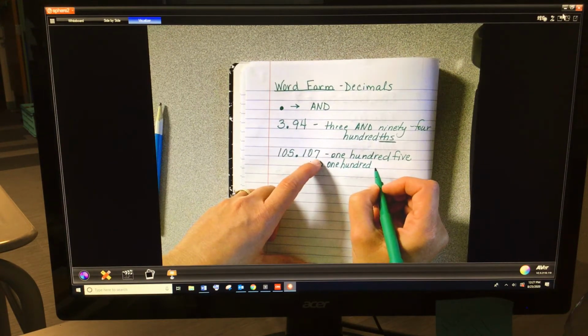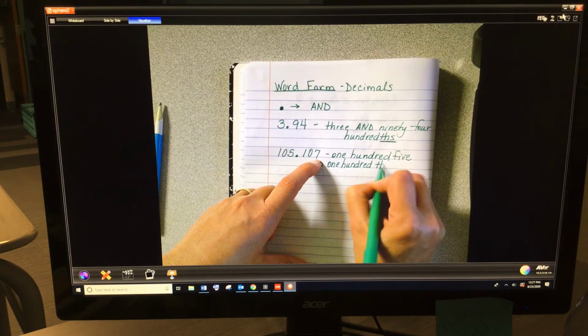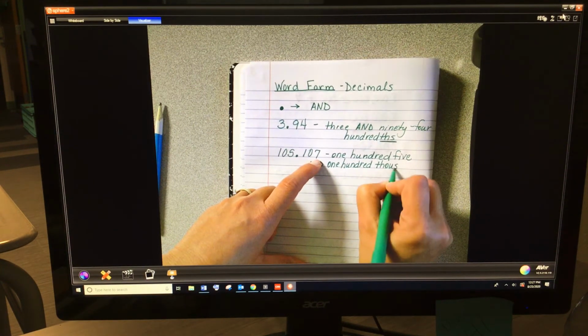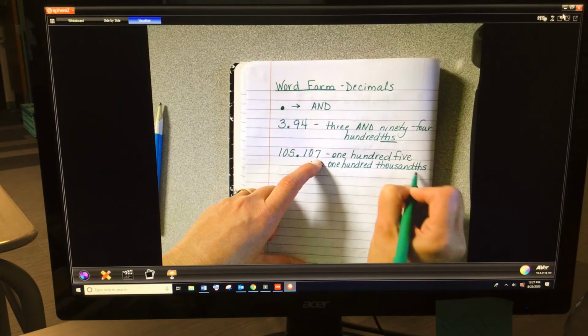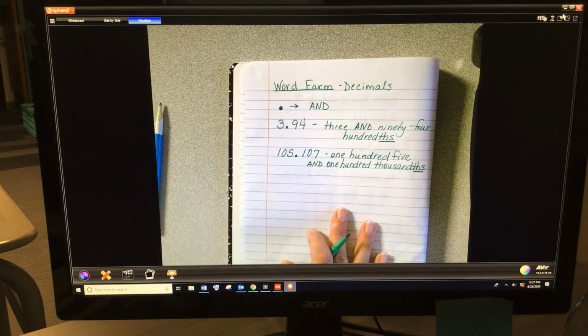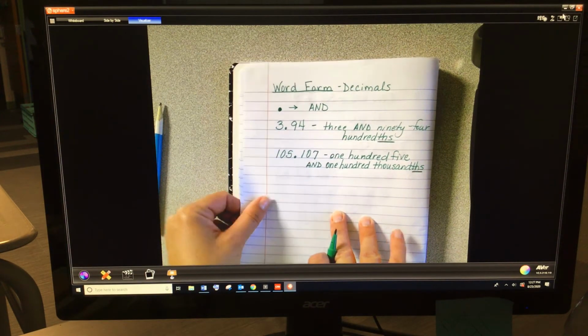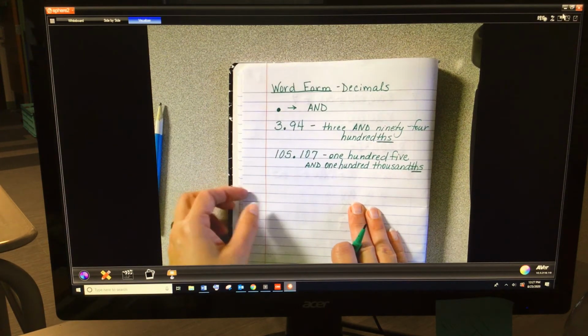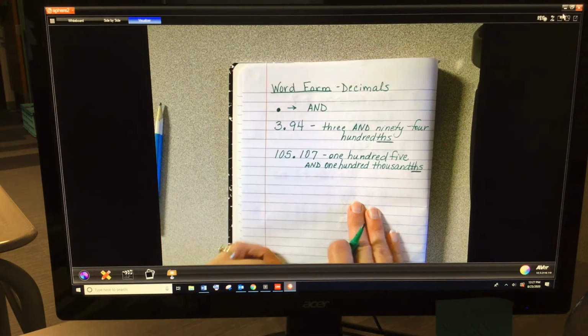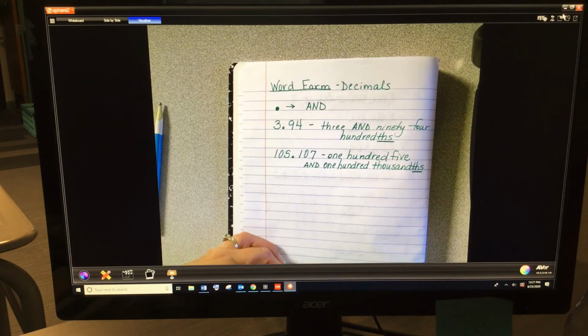What place value is that? Thousandths, with a "ths." All right, now using that place value chart is going to be pretty helpful, knowing what the very last place value is when we're in our decimal system. So that was word form.